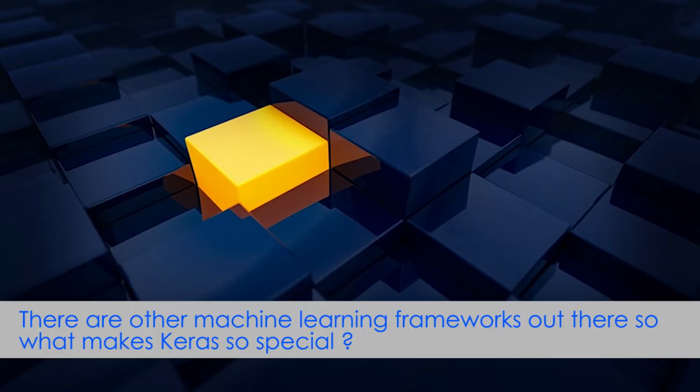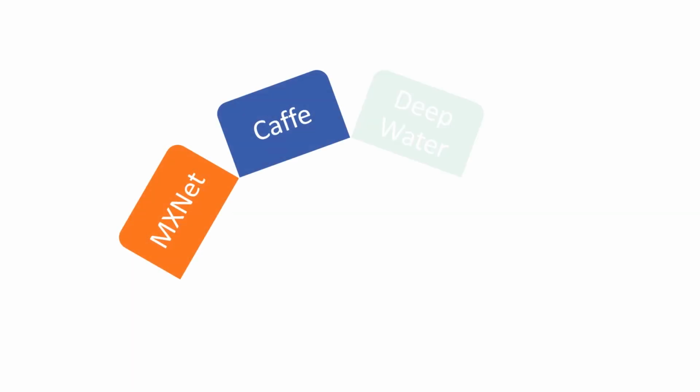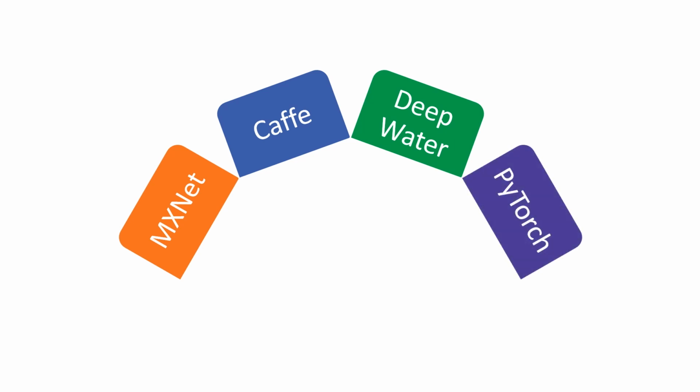Now, there are other machine learning frameworks out there, so what makes Keras so special? Some of the other frameworks available include MXNet, Caffe, Deepwater, and PyTorch, just to name a few. However, Keras is by far the most popular for a variety of reasons. For starters, Keras is built on top of TensorFlow, the most popular machine learning framework out there by far.